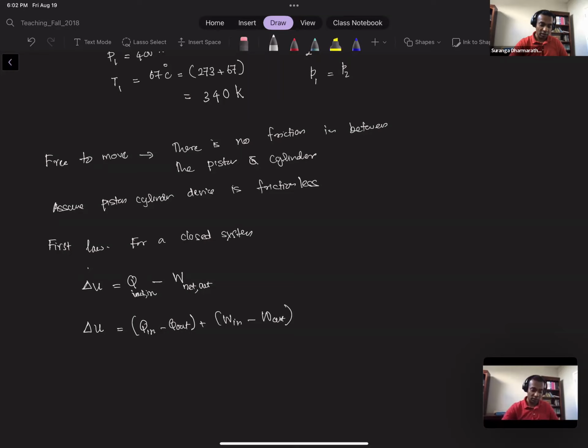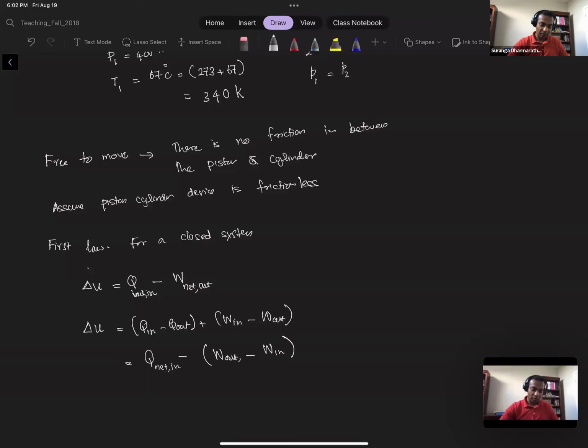So we can write this equation, Q in minus Q out means it's net input, right? I can say net input. And then I can take this negative sign out of the parentheses and write minus W out minus W in.